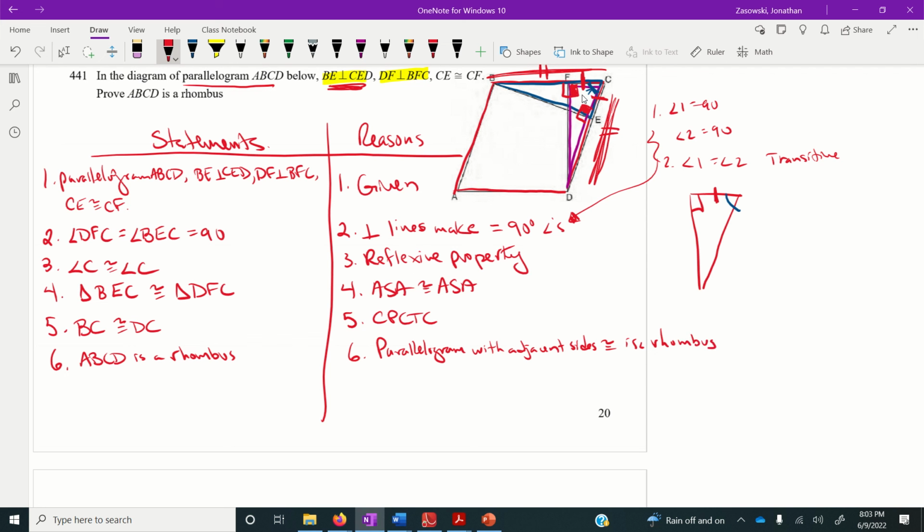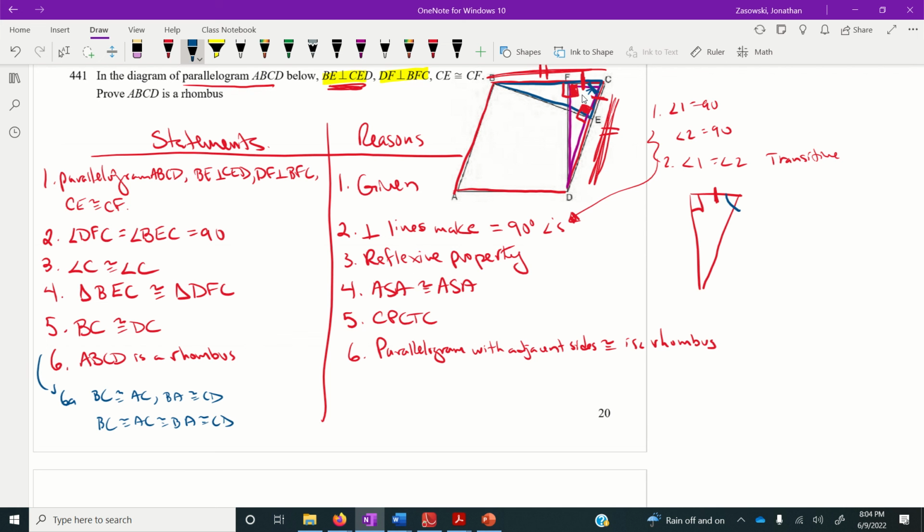Now, your other option, we'll call this 6A, was to do the opposite sides congruent and then use substitution to get them all congruent and say it's a rhombus. So we would say that BC is congruent to AC and BA is congruent to CD. And now that we know that these two are equal, BC and CD, we can say that BC is congruent to AC, is congruent to BA, is congruent to CD.